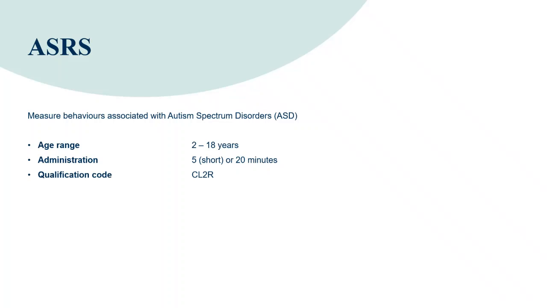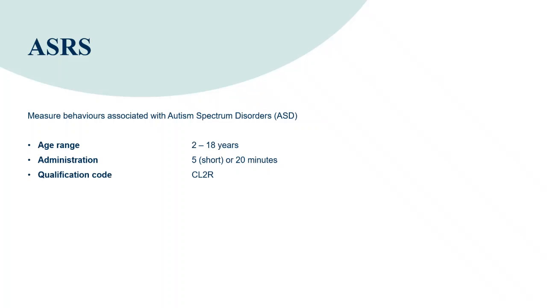The authors of this assessment are the highly respected Sam Goldstein and Jack Naglieri, and it's a US standardised norm referenced tool of the autism spectrum, including Asperger's disorder and autism.